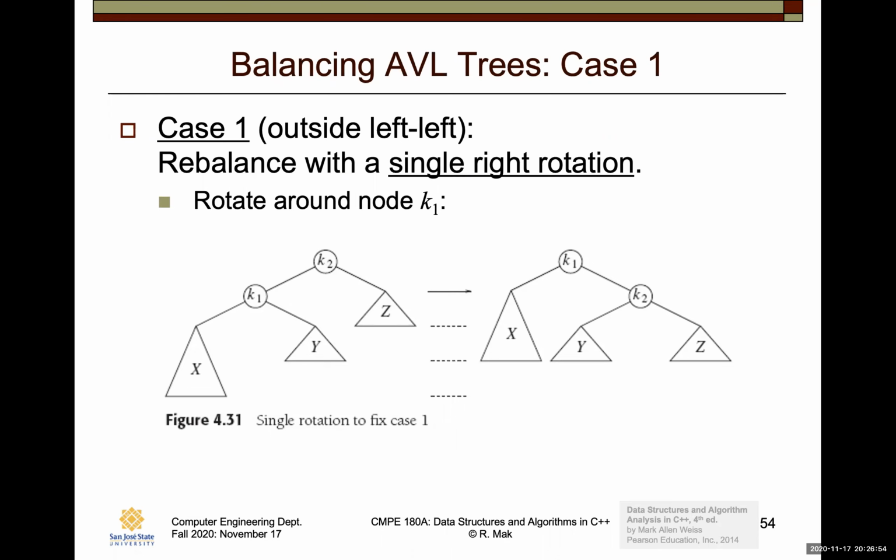So we still have the conditions that it's a binary search tree, but now also we have rebalanced the tree. So it is still an AVL tree. So this is case 1.